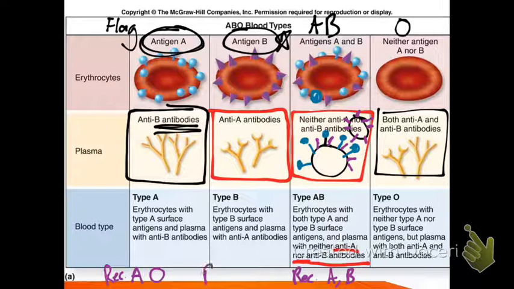If you're blood type B, you can receive from B, and also O, because you have antibodies for the A blood type.